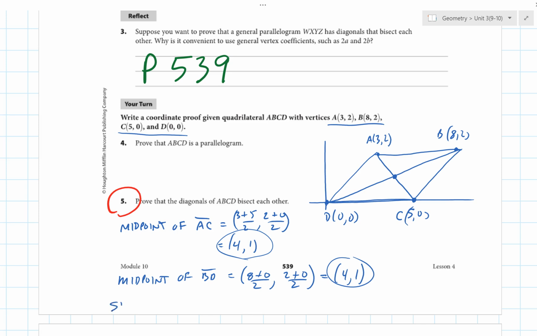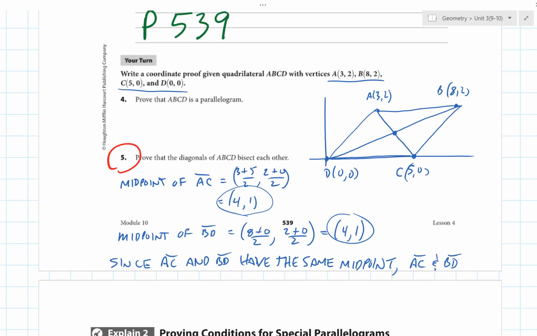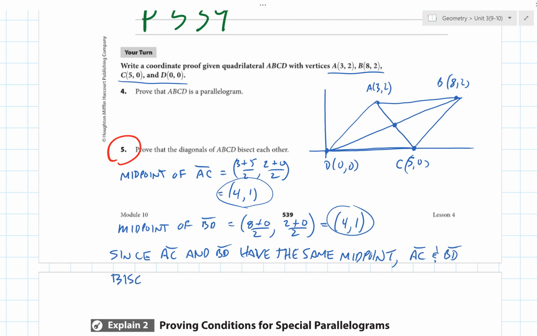And so we can say, since AC and BD have the same midpoint, AC and BD bisect each other. Okay, so that completes example number 5.